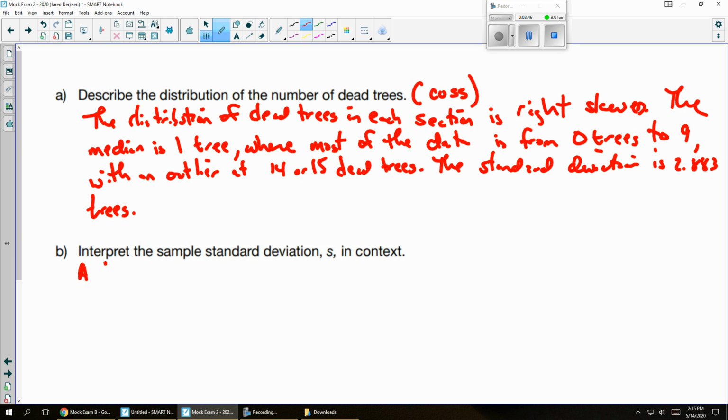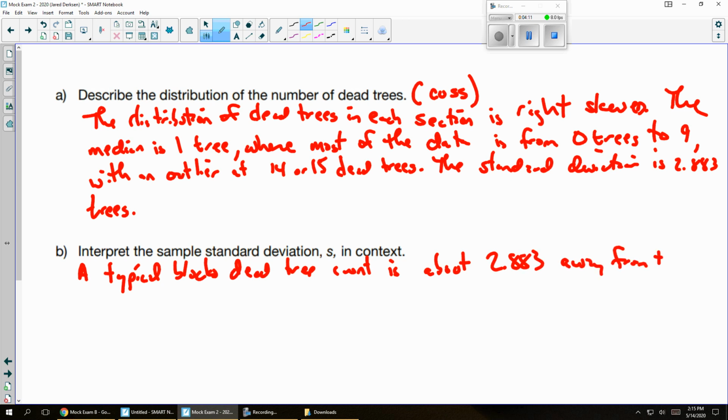Okay, so a typical block's dead trees is about 2.883 away from the mean of, what was that? 2.36. On average. Good, I've explained that in context.